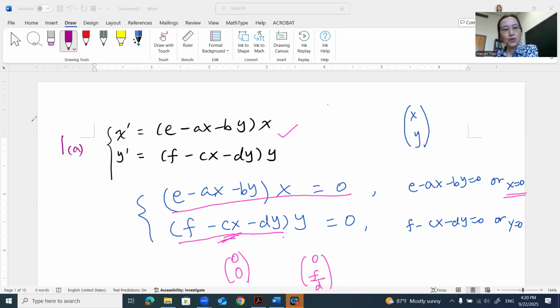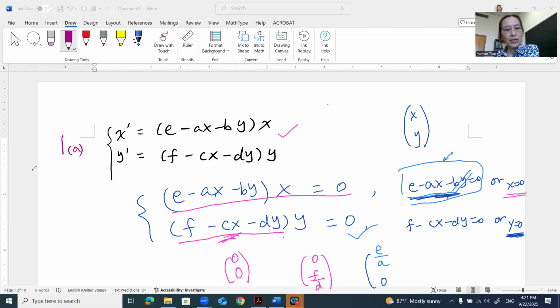Similarly, we can assume Y is 0 and X is not. When Y is 0, the second equation is automatically true, so we solve the first equation for X. X will be E over A, because when Y is 0, this term is gone.